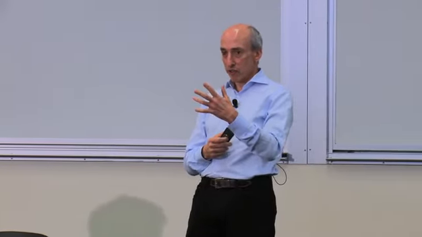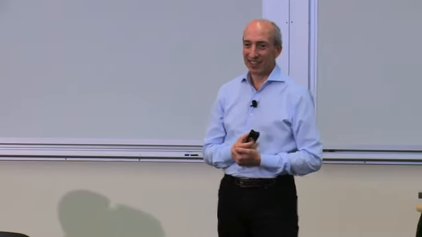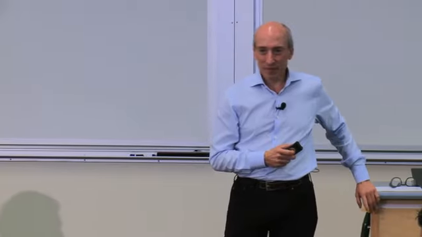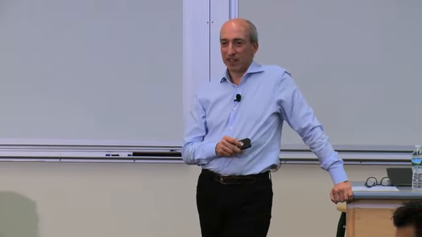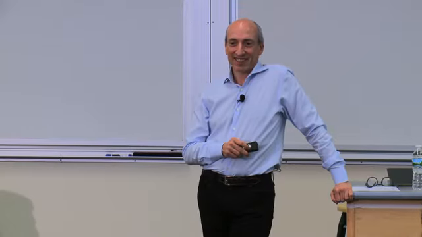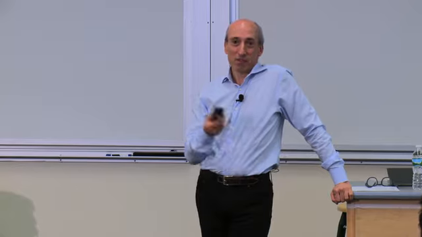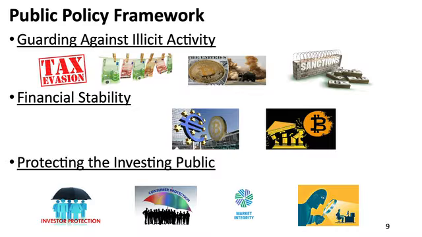So it's sort of a privacy thing. There are three big things that need to address the public policy: working against illicit activity, financial stability, and protecting the investors. There you go.